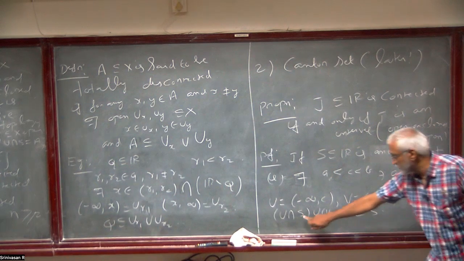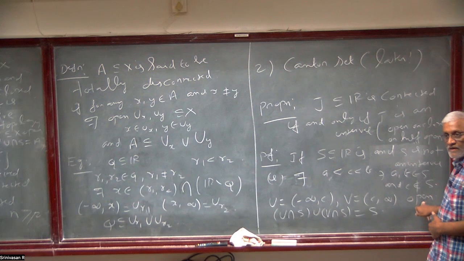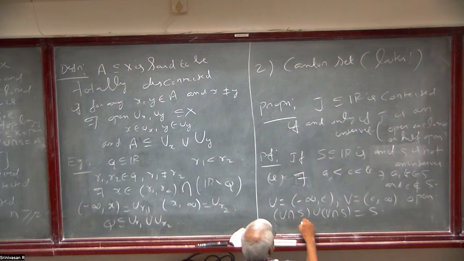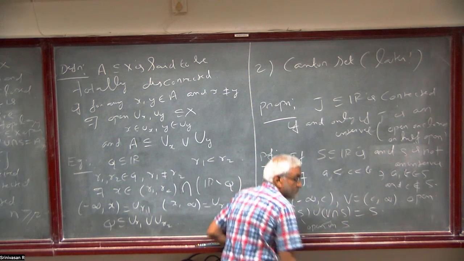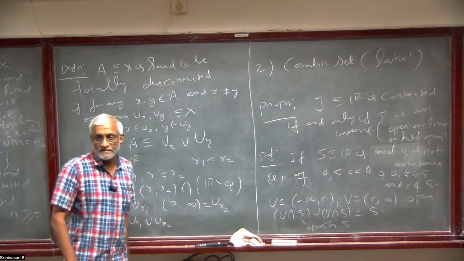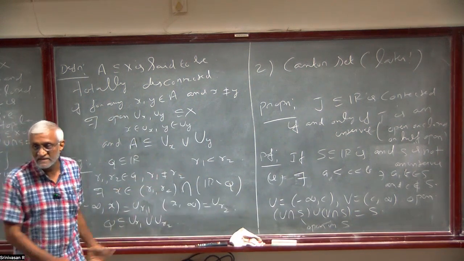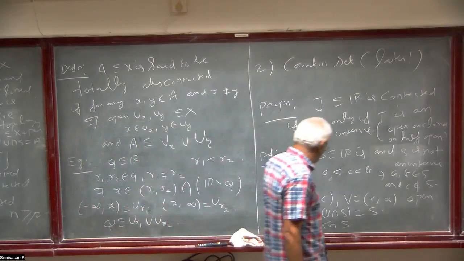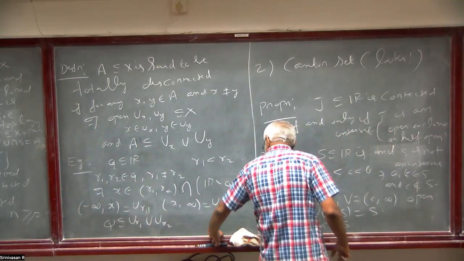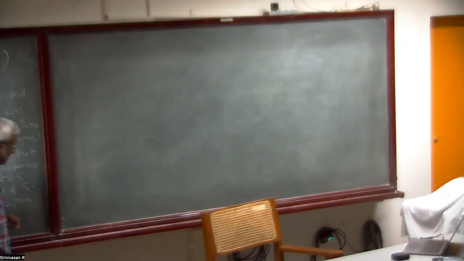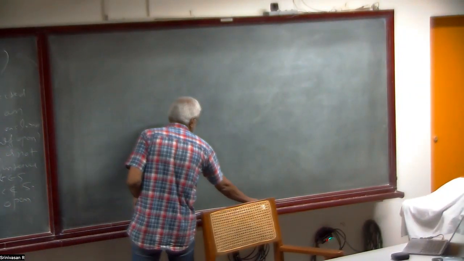These two are open in R, so these are open in S, in the relative metric, and their union equals S because C is not there. So one way is clear. If it is not an interval, then it's not connected. So if it is connected, it has to be an interval.